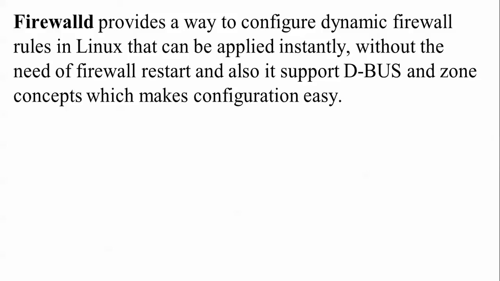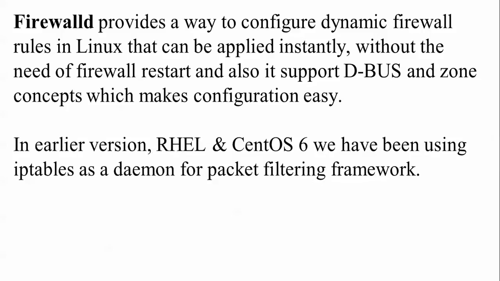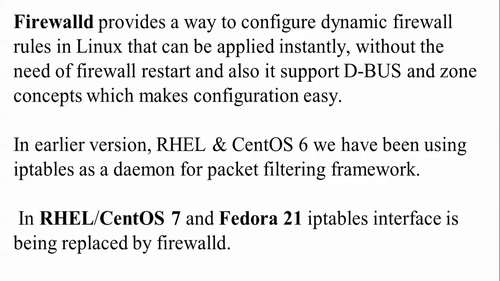In CentOS 6 we have been using iptables as a daemon for packet filtering. Now it has been renamed in this latest version, as in Fedora 21. In place of iptables it has been given the name FirewallD, which is the latest one, and this name will be used going forward.